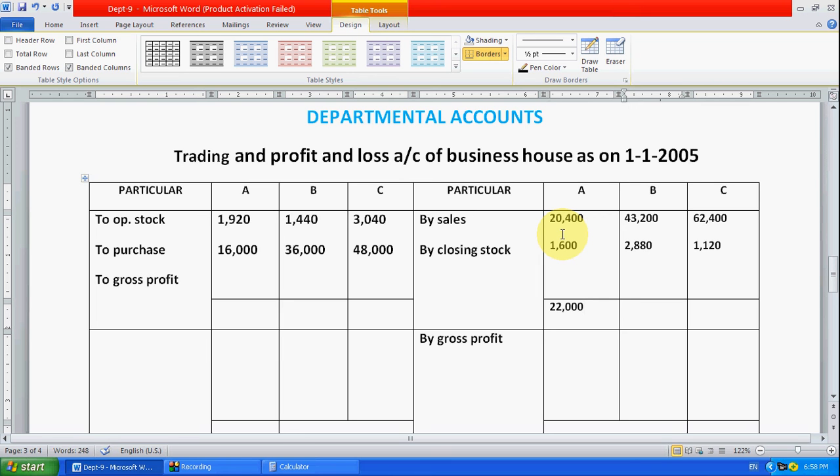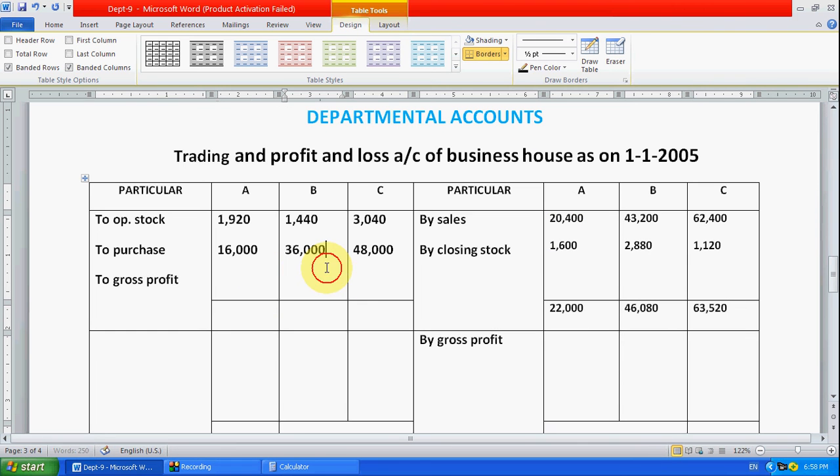This one 43,000 to 45,000, 46,080, and this one 63,520. Now add gross profit.